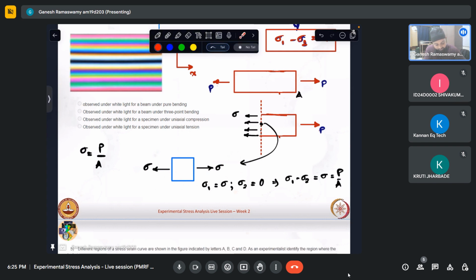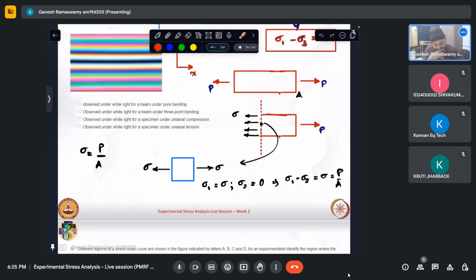So for a prismatic member where A is constant, I have applied a force P at the ends. Now this section which I've taken here, I may as well take it here, here or here, anywhere along the length of that member, but far away from the loading points, which is where we are actually looking.